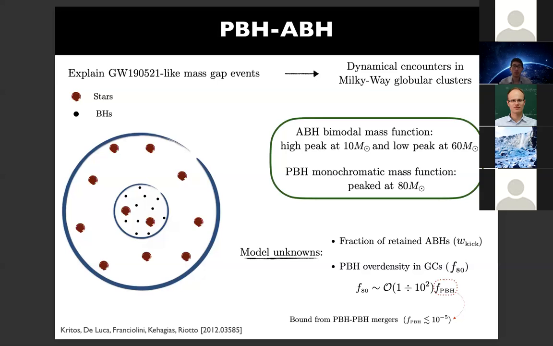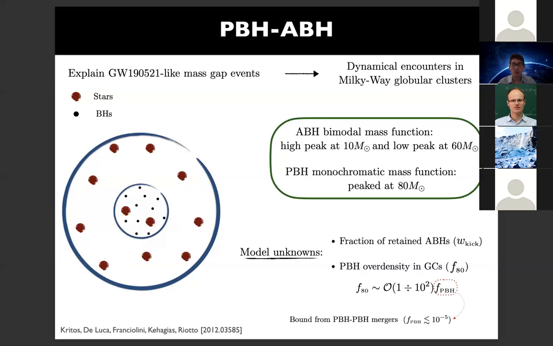For example, the PBH abundance has to be smaller than 10 to the minus 5 in order for PBH-PBH mergers not to overcome this kind of scenario. So this f80 parameter will run with values around 10 to the minus 4 or so.